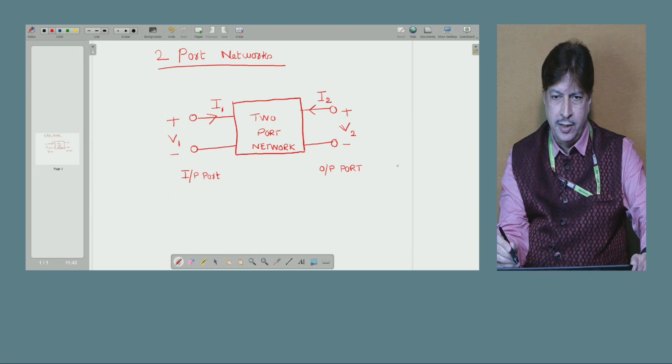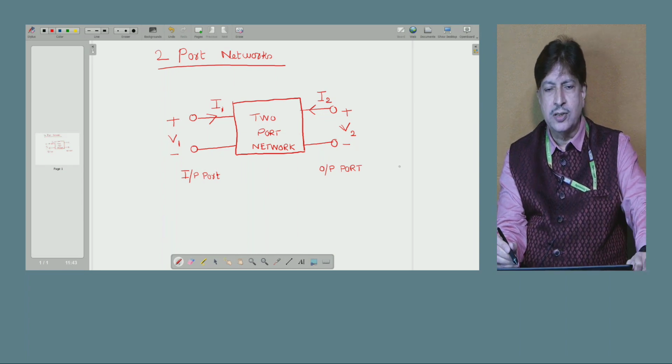But in reality, the output current I2 is away from the two-port network because the driving voltage is V1 and accordingly the driving current into the output side is away from the two-port network, basing on the nature of the two-port network.